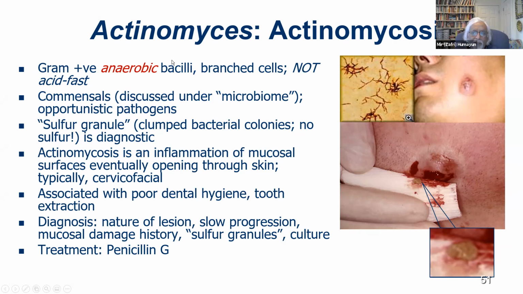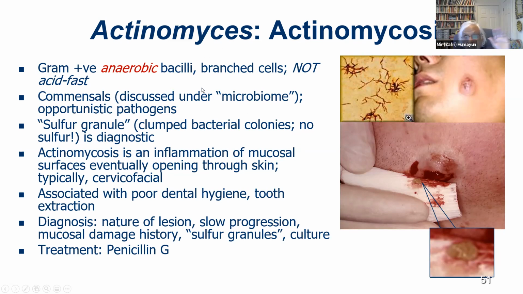So this organism has several distinguishing features. It is anaerobic, is not acid fast compared to other organisms, and it has branched cells. It's a feature that it shares with other bacteria, nocardia, that we're going to discuss here. Actinomyces is a commensal.